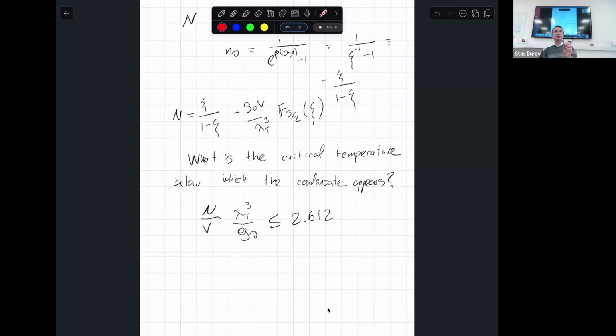Exactly when this equals that, this is my critical temperature. At criticality, or just above criticality, for temperatures larger than TC, the inequality works. At criticality, it reaches its limiting behavior. So mu goes to a specific point above which it cannot grow at all.